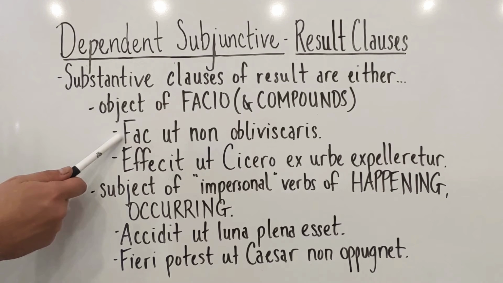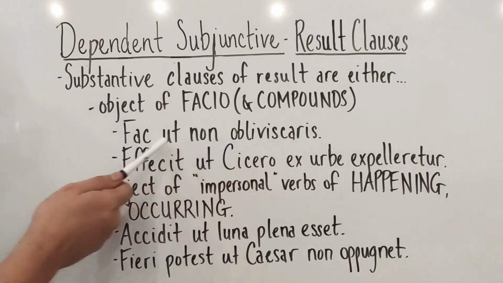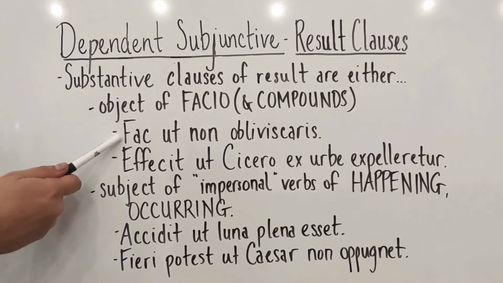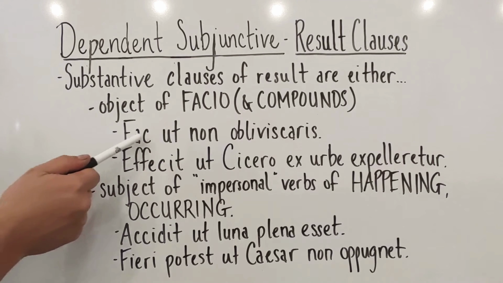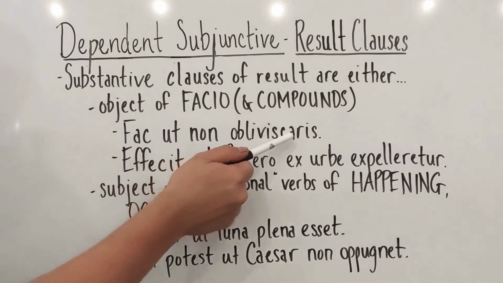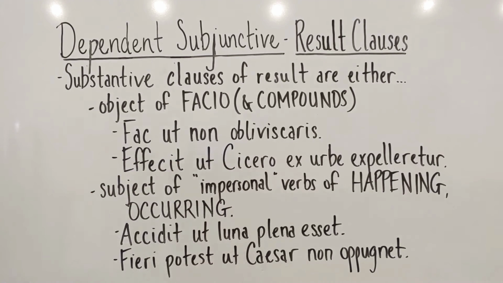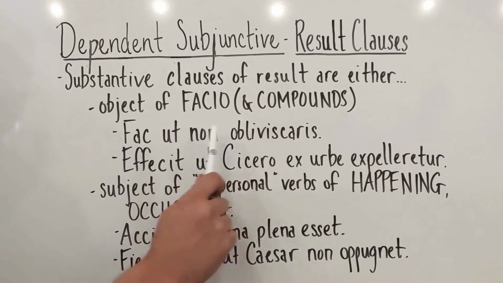So make it so that. Do this with the result that. Fac, do something with the result that. So take care that you do not forget. Take care not to forget. Take care, and the result of that taking care is that you do not forget.